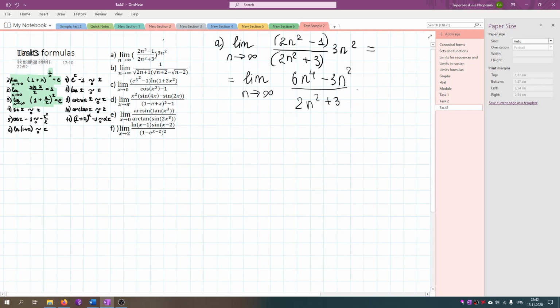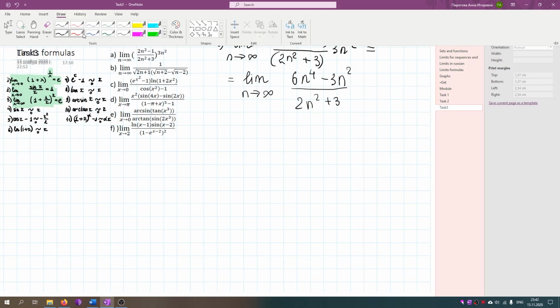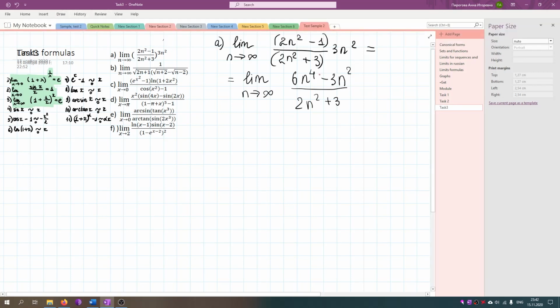Let's see what the highest power in the numerator is, and we see that it is 4. And the highest power in the denominator is 2. So 4 is greater than 2.